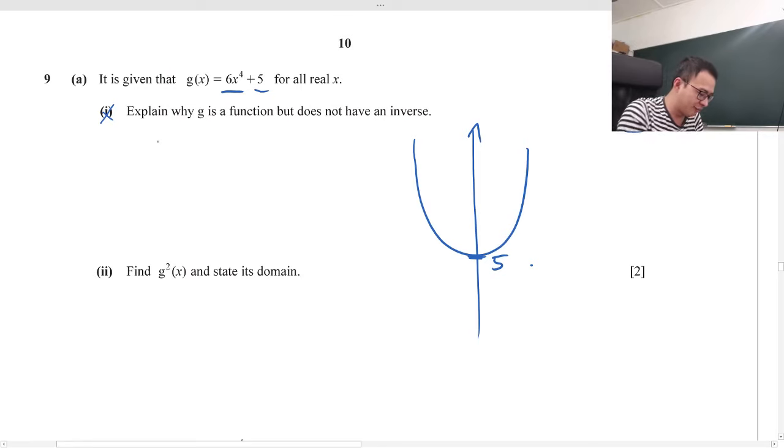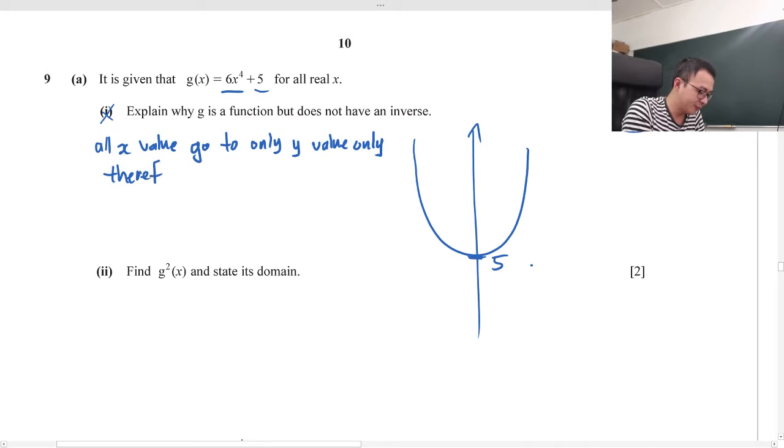You can use any words you think make sense. I can say all x values go to 1 y value only. Therefore, g is a function.